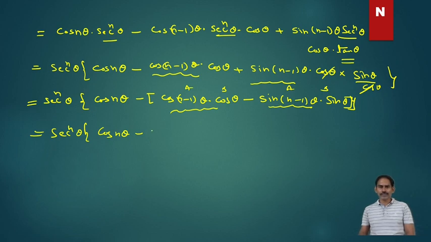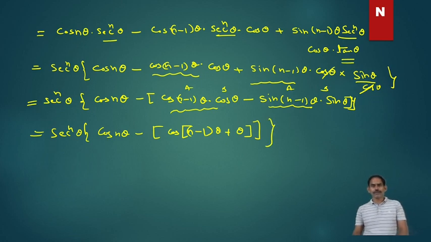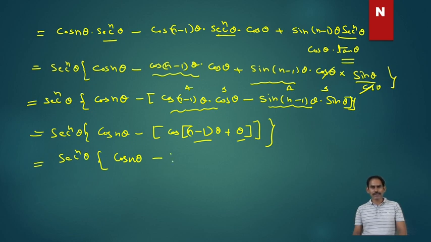The formula is cos of A plus B, where A means n minus 1 theta and B means theta. So now simplify: secant power n theta into cos of n theta minus theta plus theta.